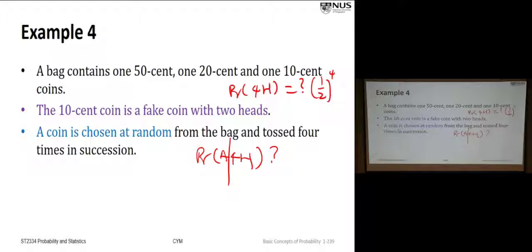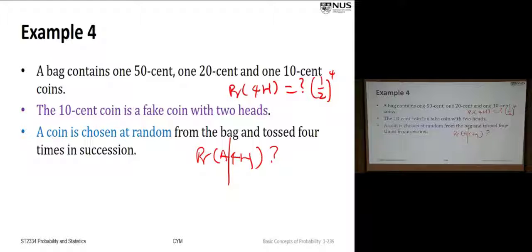Is this correct? It's for a fair coin. This is correct: 1/2 times 1/2 times 1/2 times 1/2. But now the situation is that we select a coin from these three. If all these three were normal coins, then it's still okay. But the problem is that it's not.